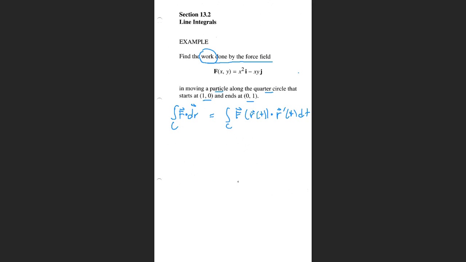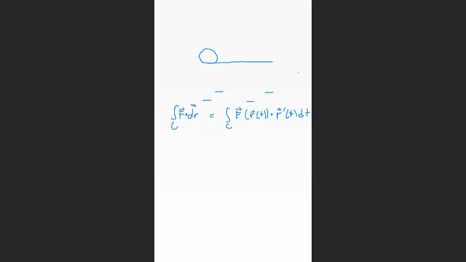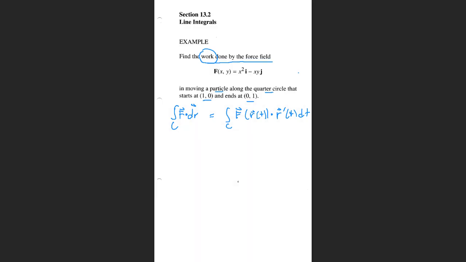Actually, one moment here. Once I have dt down, I have to put in t limits, a and b. So this is like abstract.